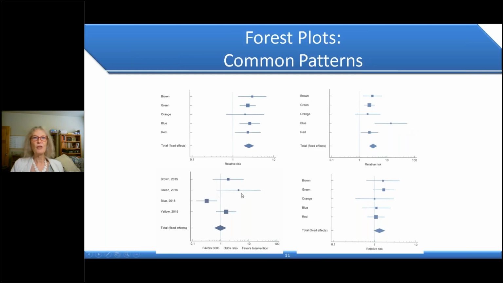And if you look at this one, the bottom left, you can see there's a big one that's out of whack here, and there's some issues going on here. In this case, this is a nice one because the diamond is well free of the 1 bar, so it's going to be statistically significant. Over here, you can see the pooled diamond is sitting on the 1 bar, so it's not going to be statistically significant.